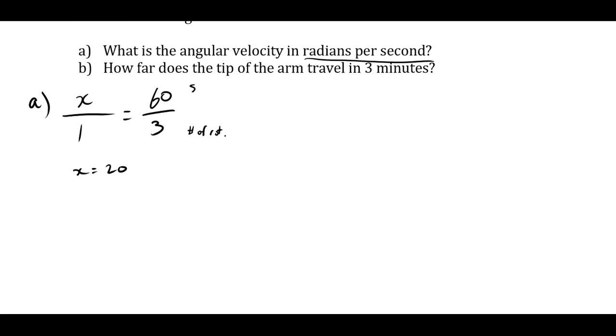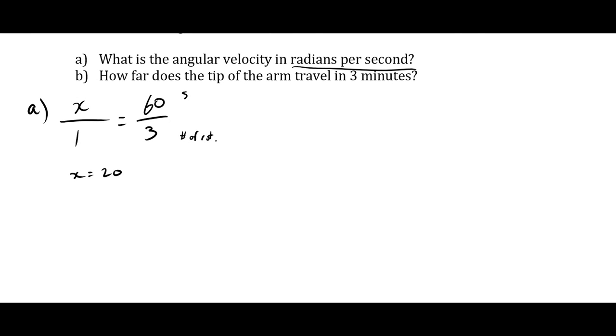How many radians is once? Okay, so we're looking for how many radians per second. We know it goes around 1 full rotation in 20 seconds. So again, we can set up a proportion, right? For angular velocity, we use a script w. I'm just going to use a normal W. How many radians in 1 second?